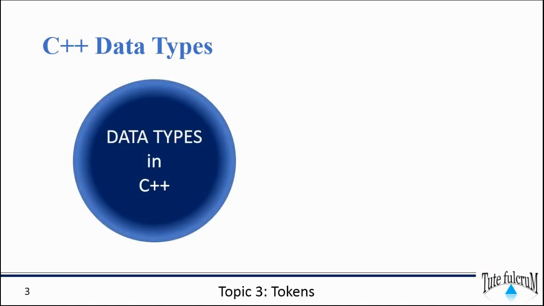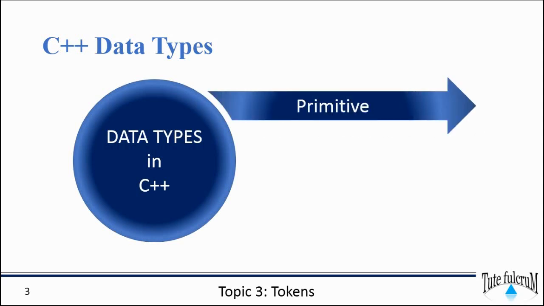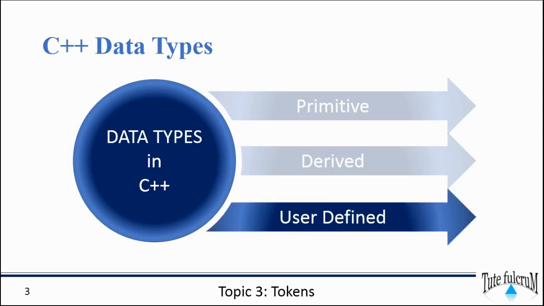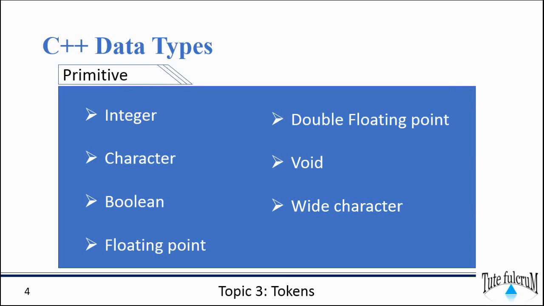Data types in C++ are classified into three: primitive data types, derived data types, and user-defined data types. Primitive data types are built-in or predefined data types and can be used directly by the user to declare variables.